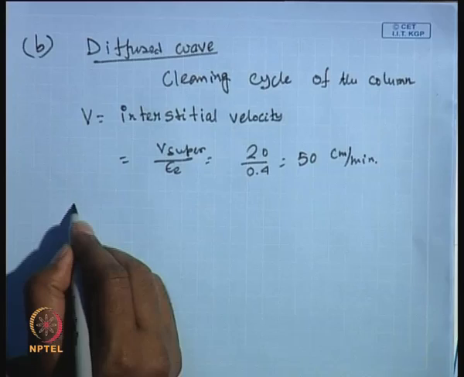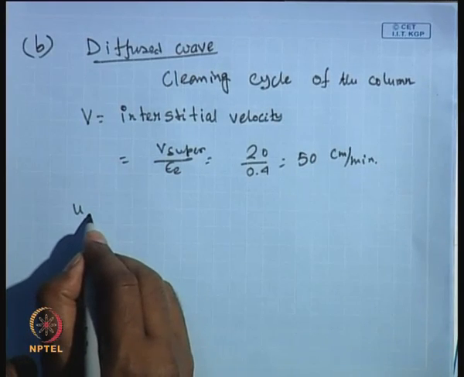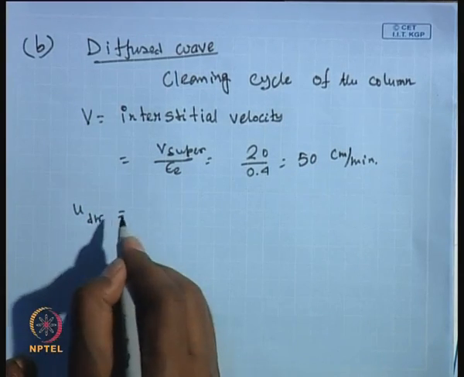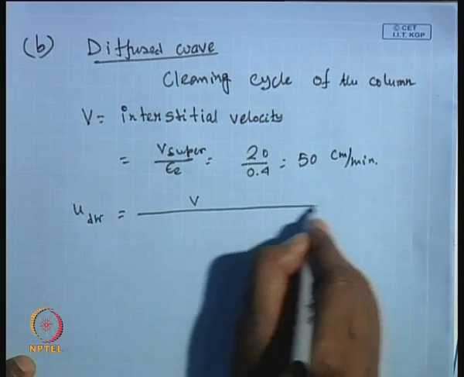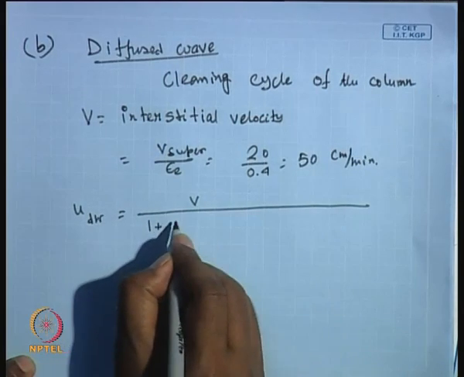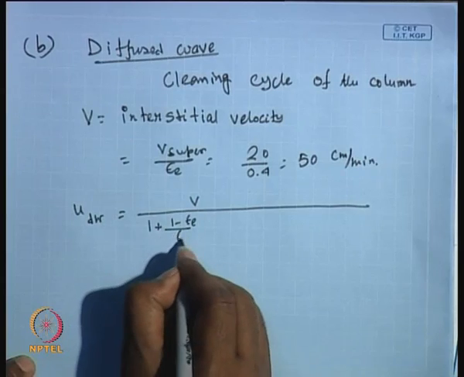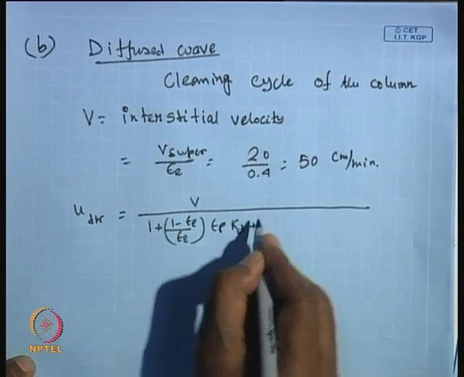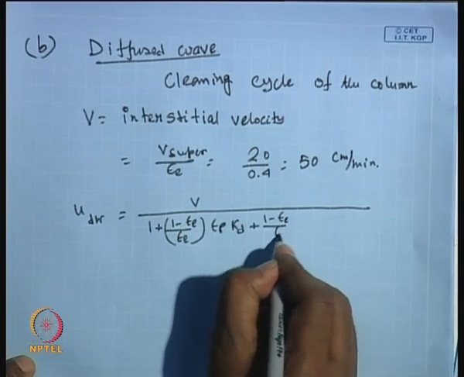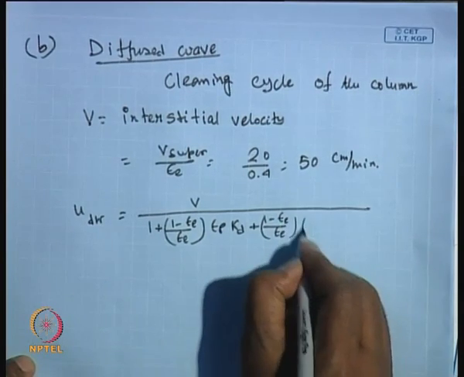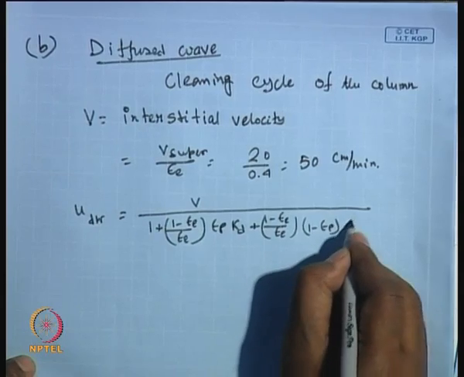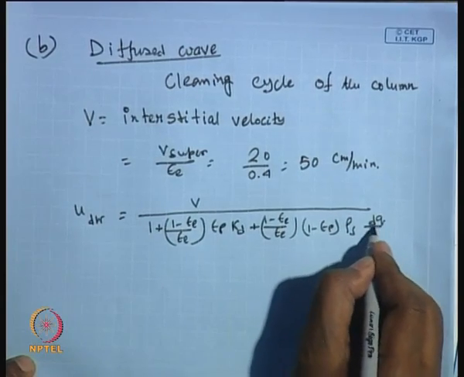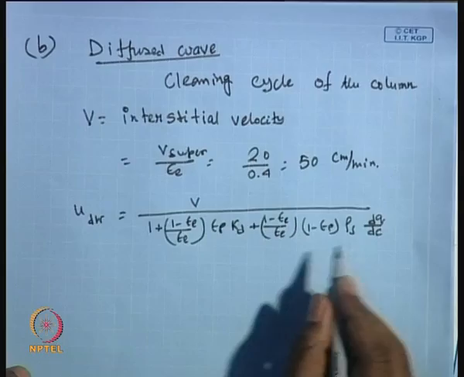Then the velocity for the diffused wave, we use the same formula: 1 plus (1 minus epsilon E) divided by epsilon E, epsilon P times K D, plus (1 minus epsilon E) divided by epsilon E, (1 minus epsilon P) rho s, times delta Q by delta C. In this case it will be dq dc because there is a gradual change of Q with respect to C in the diffused wave.